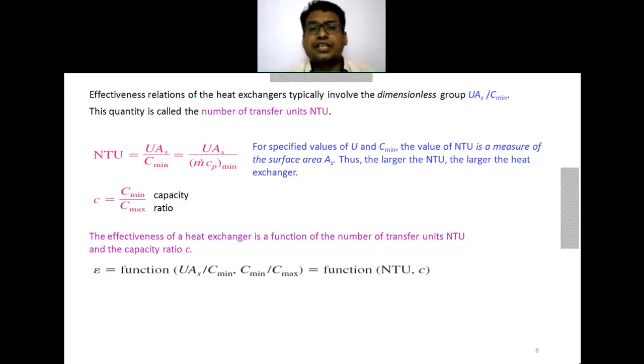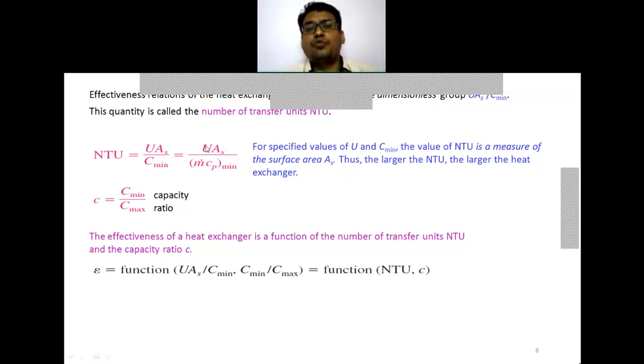Looking at this equation, for these specified values of U and C minimum, that means U, the overall heat transfer coefficient for that heat exchanger, is known, the value of NTU is a measure of this surface area, the heat transfer area.